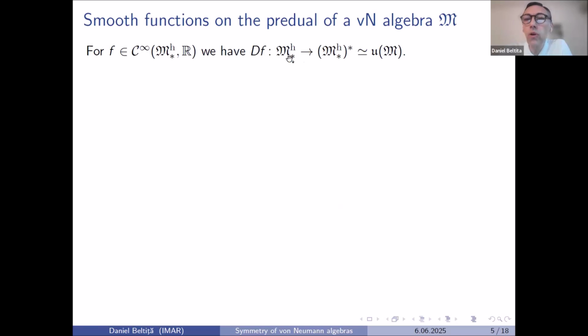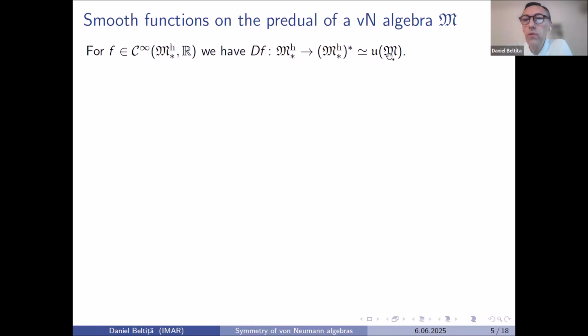So the differential at one point is a linear functional on this space. But the dual of this space is this Lie algebra. So via this identification, we can think of the differential of the function as a map from the Hermitian part of the predual into this Lie algebra.